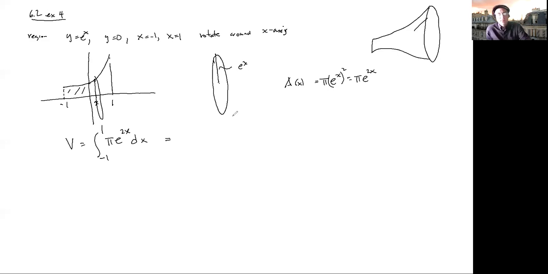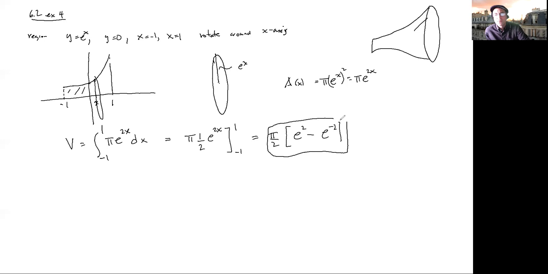You can figure out that it should be e to the 2x again, but there's a fudge factor of 1/2, because when you differentiate e to the 2x, you get 2e to the 2x, so we have to cancel that 2. Evaluating from -1 to 1 gives pi over 2 times (e squared minus e to the -2). And that is the answer to this problem, I hope.